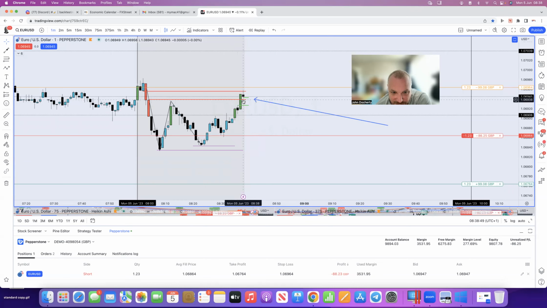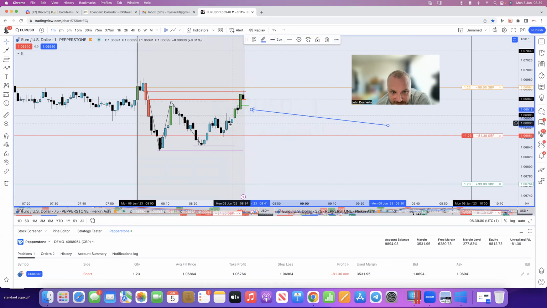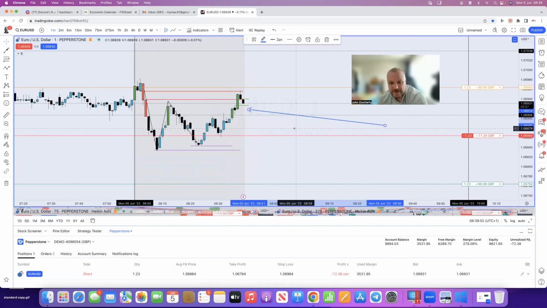We've got a fair value gap here, a little fair value gap here as well, and a fair value gap here. So a draw on price, there's a lot of areas down here on the 1 minute that this could mitigate into.